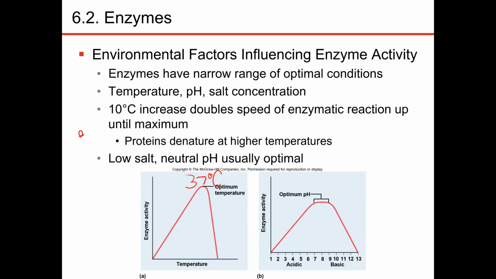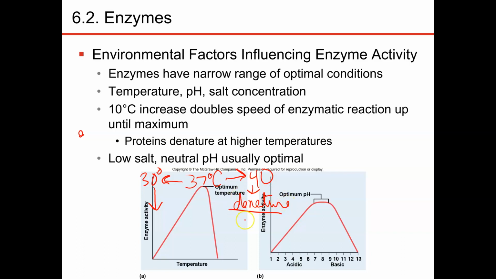If we change that temperature, we go down or we go up, the enzyme may not work as effectively. So if we go down to 30 degrees, the enzyme is probably going to decrease in its activity. If we go up to say 40 degrees or 42 degrees, then the enzyme is going to eventually stop working. It'll denature.